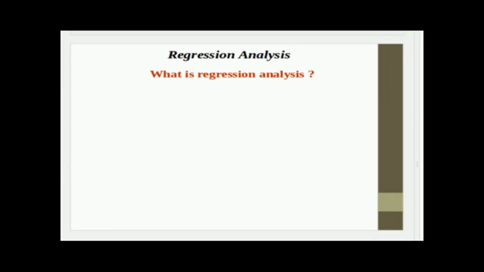Regression analysis is primarily used for two distinct purposes. First, it is widely used for prediction and forecasting, which overlaps with the field of machine learning. Second, it is also used to find causal relationships between independent and dependent variables.